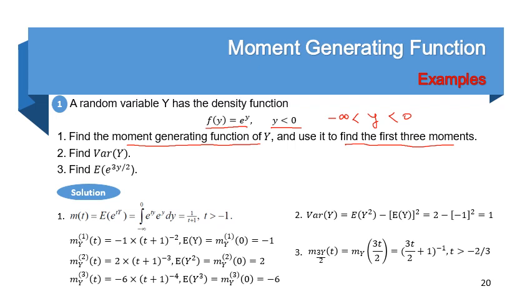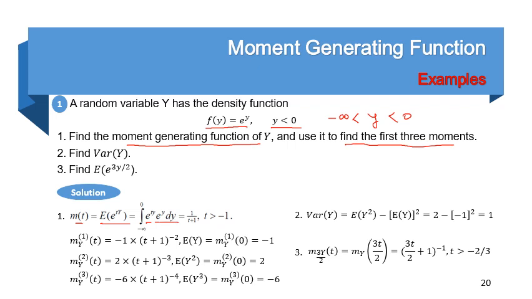So let me just start by doing the MGF, or M_y of t. As you see here, M_y of t by definition is the expected value of e power ty. We integrate from minus infinity to 0 e^(ty) multiplied by the density function dy.